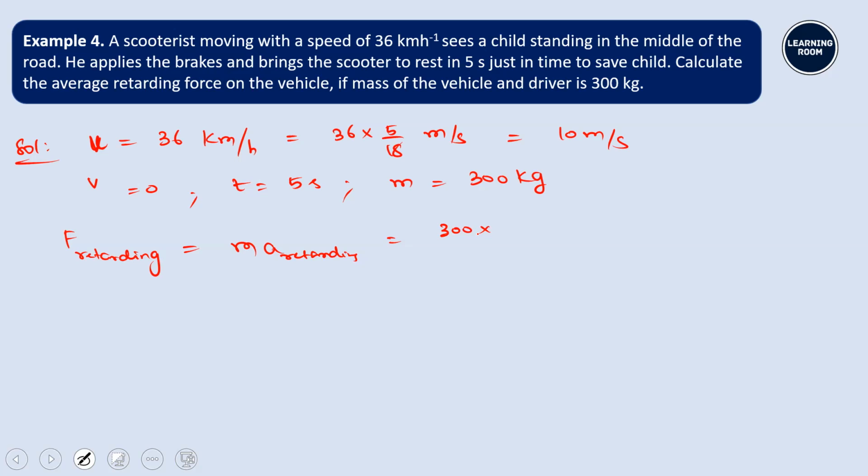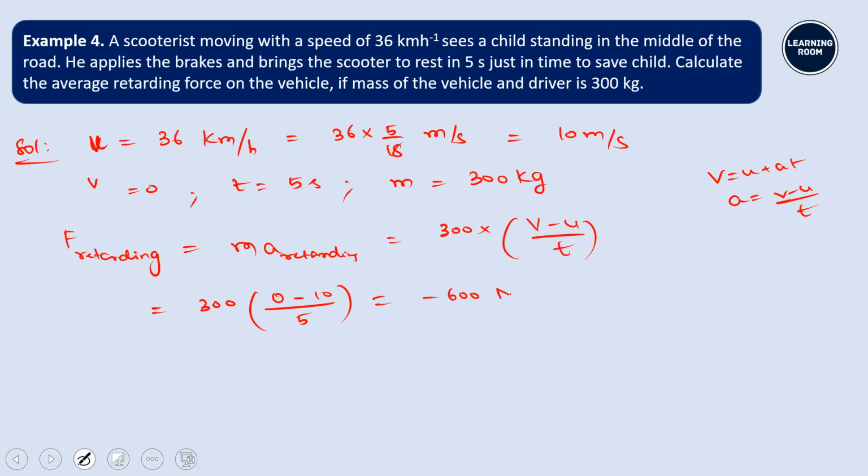To find the retardation, I'll apply the formula: V is equal to U plus AT, so A will be equal to V minus U divided by T. So this is going to be 300 into final velocity 0 minus initial velocity 10, divided by the time taken, 5 seconds. So this is going to be minus 600 Newton. The minus sign here indicates that the force is retarding in nature.